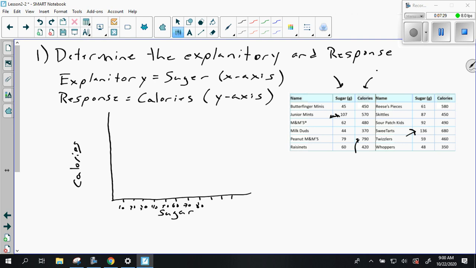And then we might have to use some different units over here on our y-axis because it looks like we're almost going to go by hundreds there, right? So let's actually do that.